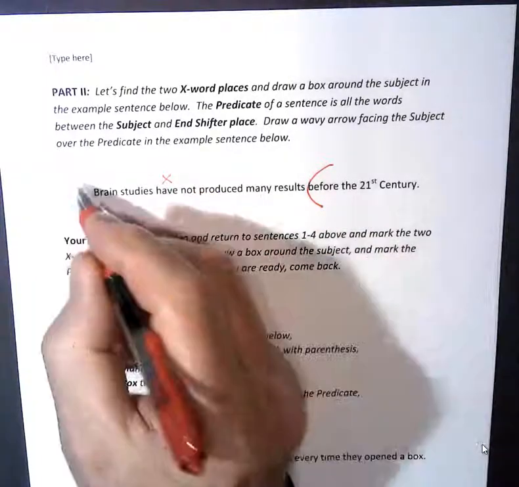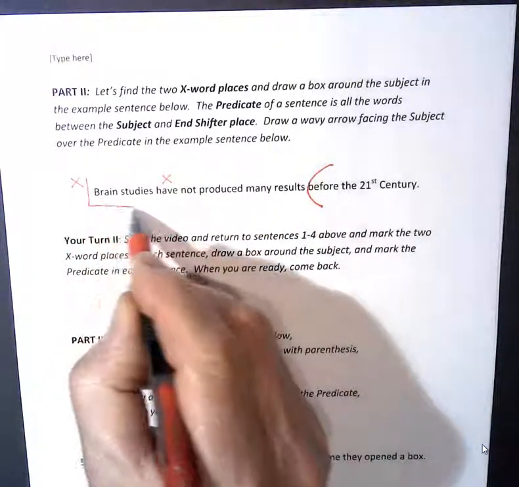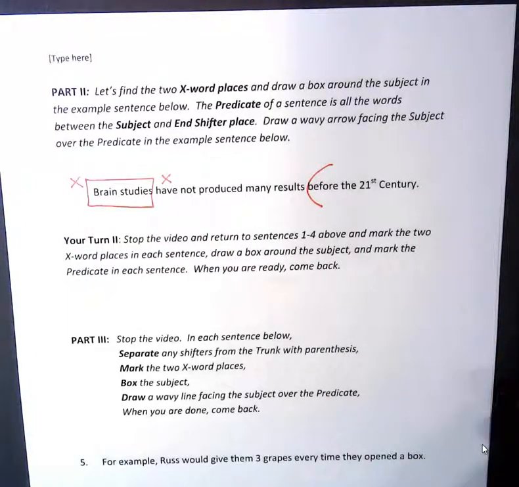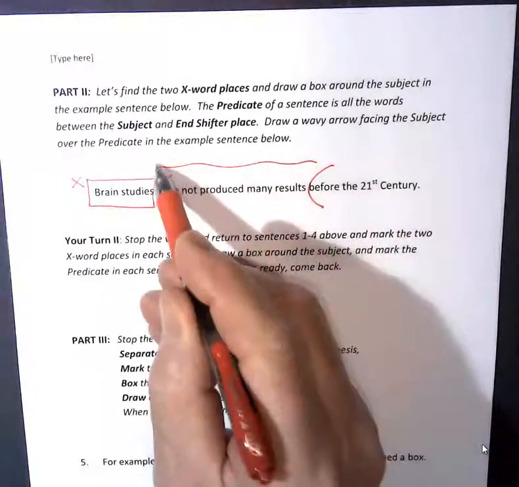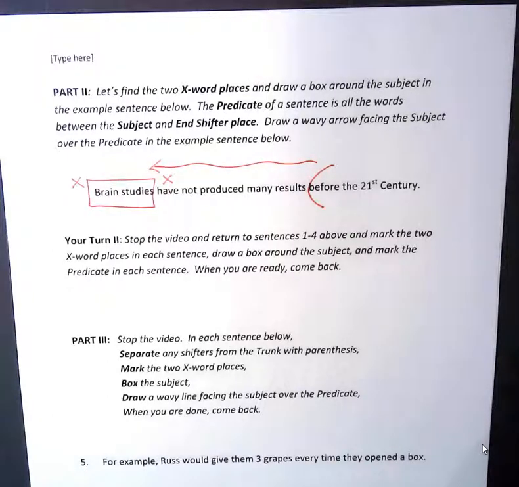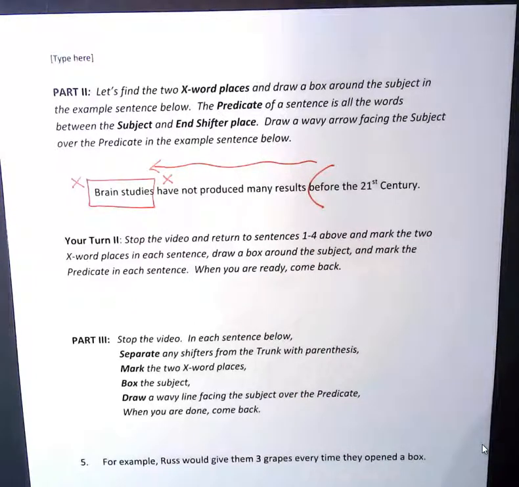Have is the X word. Have brain studies. The subject is brain studies. And now the predicate is everything from the subject to the end shifter place. If you don't have an end shifter, then the predicate just goes to the end of the sentence.